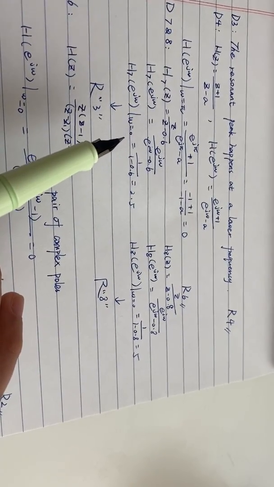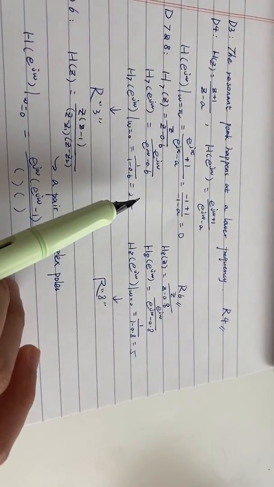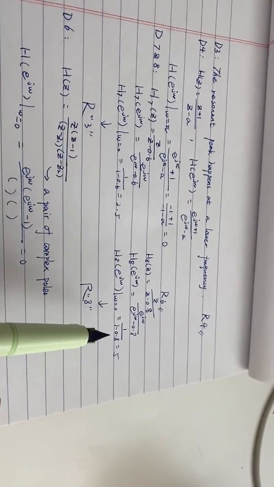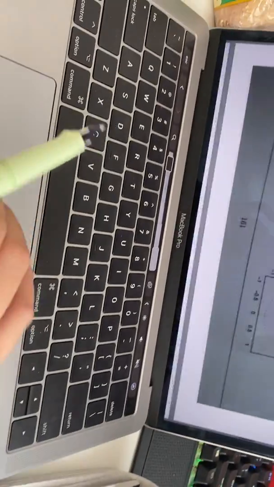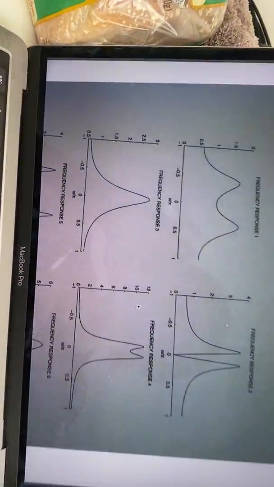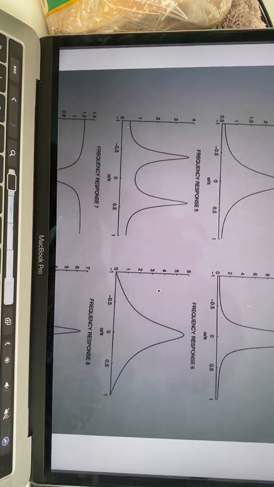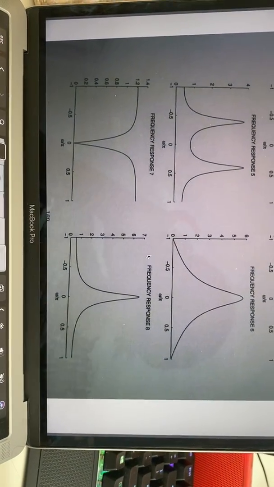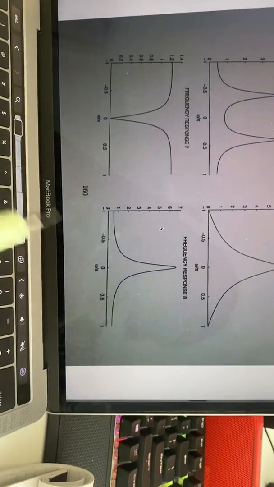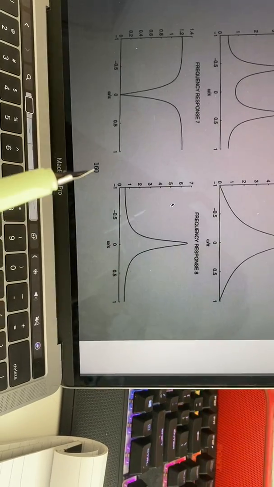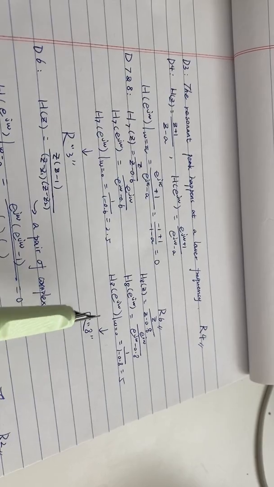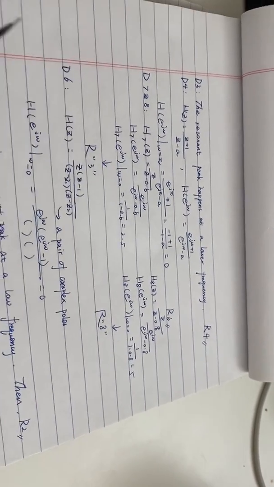When omega equals 0, H7 becomes 2.5 and H8 becomes 5. So this is smaller and this is bigger. So we can match R3 and R8 and see the frequency differences. This one is bigger. That gives diagram 7 and diagram 8 individually.